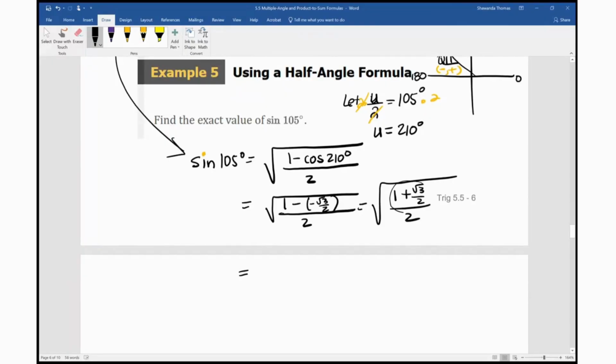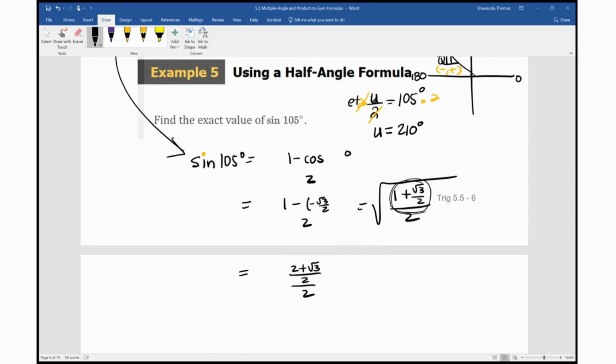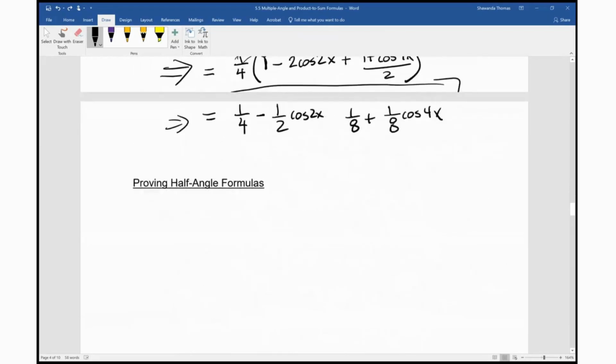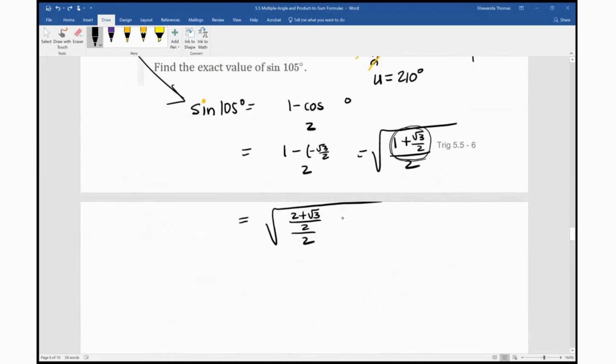So 1 plus the square root of 3 over 2 is the same thing as 2 plus the square root of 3 over 2, over 2. And 2 plus the square root of 3 over 2, over 2, is the same thing as 2 plus the square root of 3 over 4.